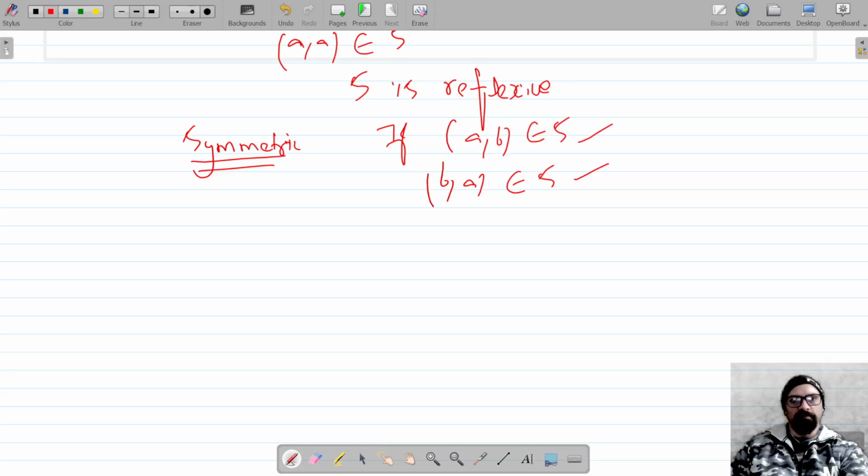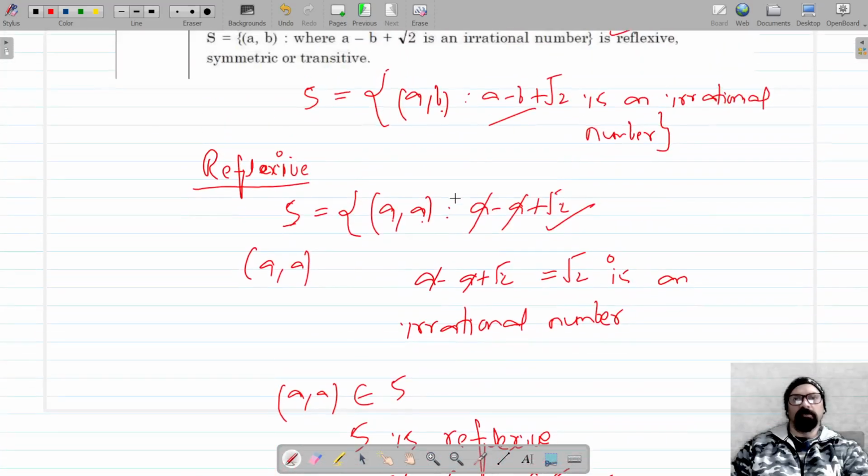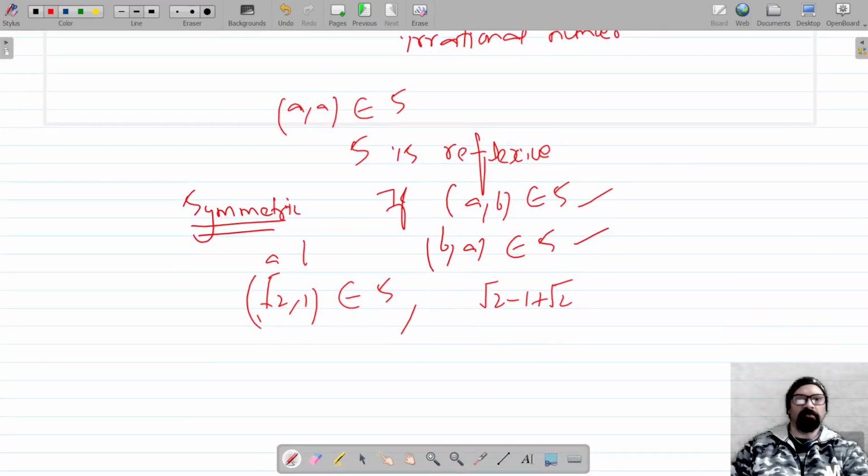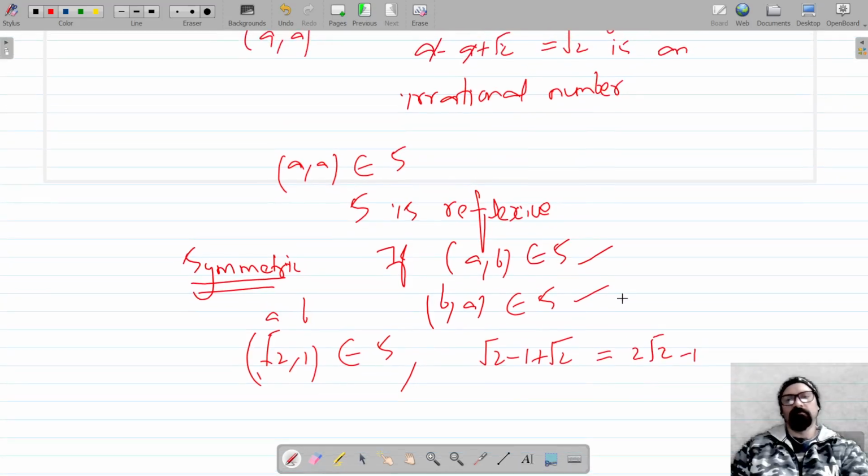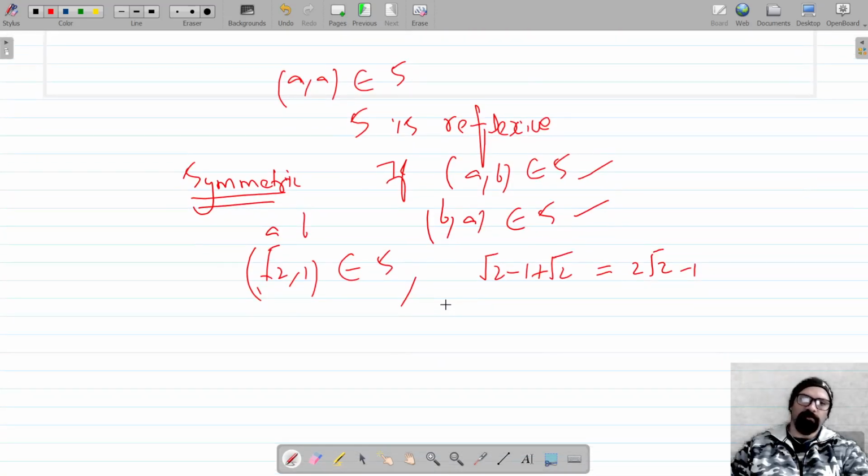Let's consider this example: (root 2, 1). Here a is root 2 and b is 1, and root 2 minus 1 plus root 2 is 2 root 2 minus 1, which is an irrational number. So (root 2, 1) belongs to the relation S.